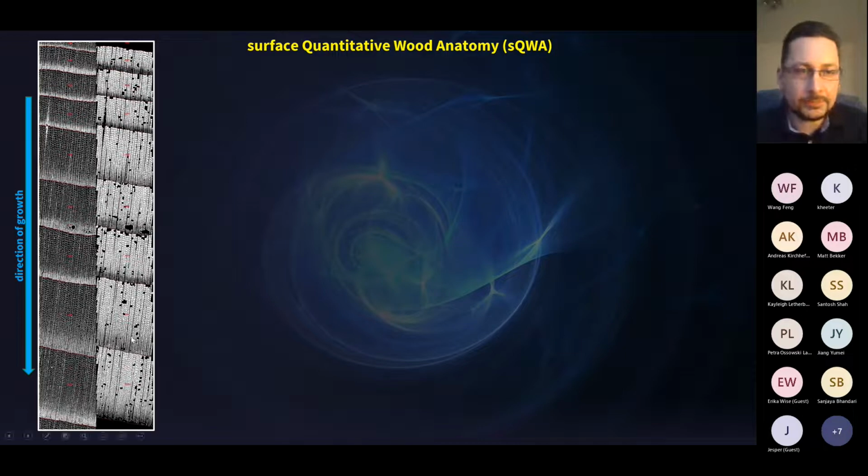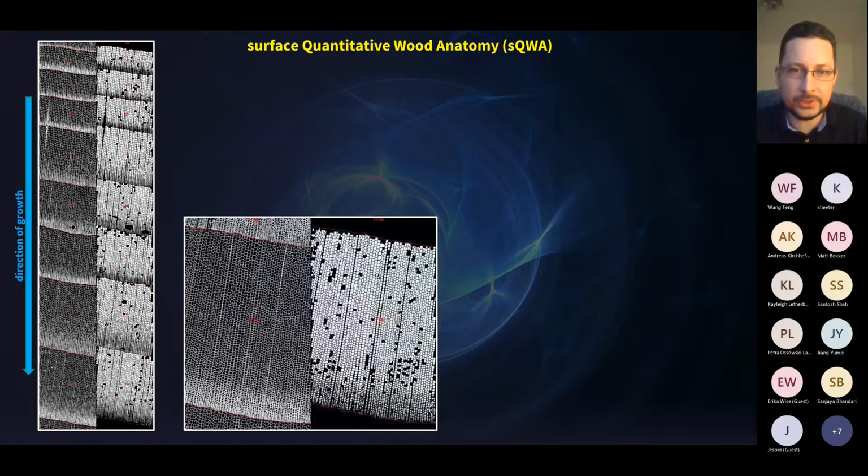We started experimenting with this and tried to generate a few series or chronologies based on this. And so here's an example of using this surface reflected light image in Roxas as we would with anatomical thin section slides or thin section images.